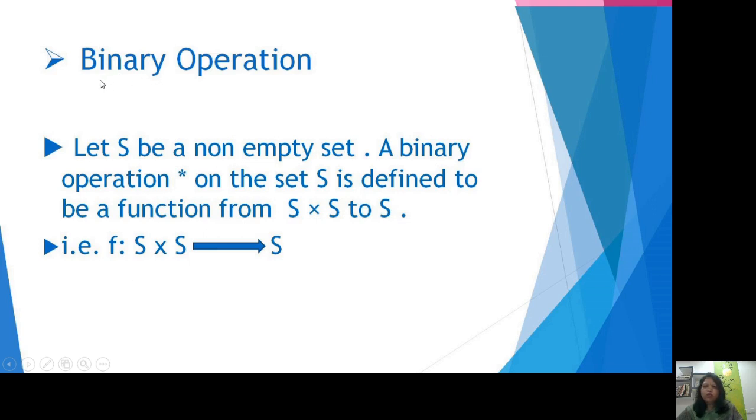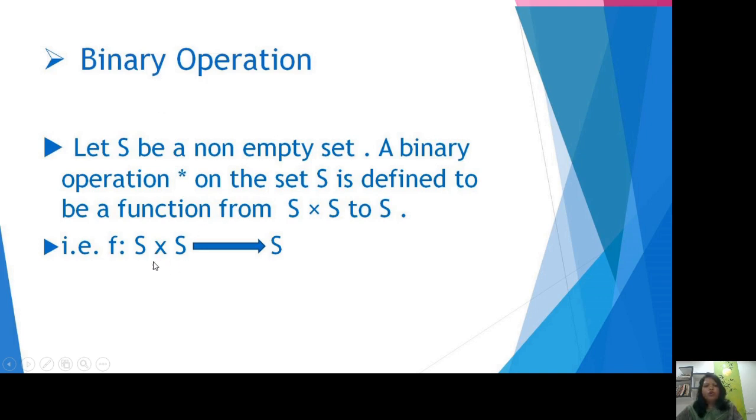Bi means 2, and therefore this operation operates upon two elements and is called binary. And it is a function.